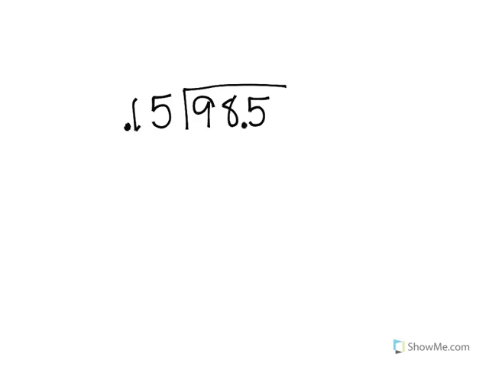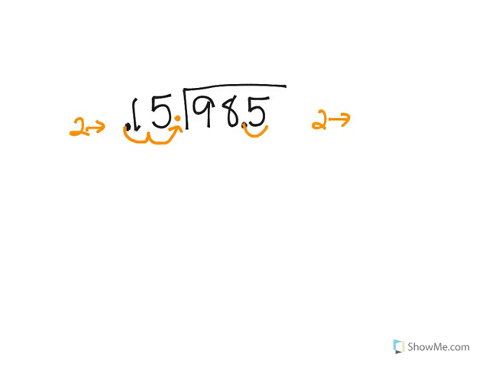I have 98 5/10 divided by 15/100. Figure out just where the decimal would end up going. Don't worry about the division right now. I just completely made the problem up. I need to move the decimal out of the divisor, so that means I'm going to move it 2 places. In the dividend, how many places am I going to move it? I moved it 2 places to the right there, so I need to move it 2 places to the right in the dividend.